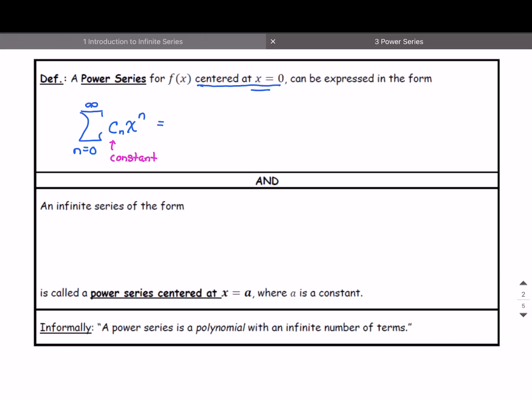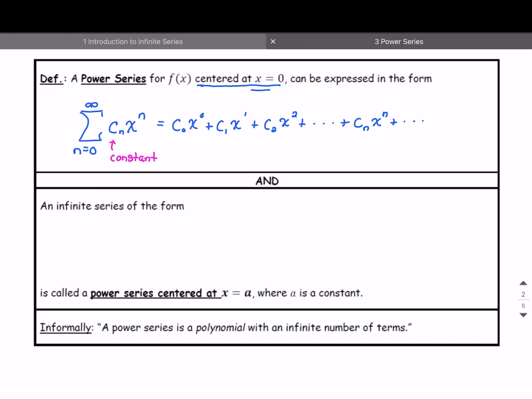And that would be c0, x to the 0, plus c1, x to the 1, plus c sub 2, x squared, plus whatever our constant is, times x to the n. And there we go. Notice it's powers of x's.